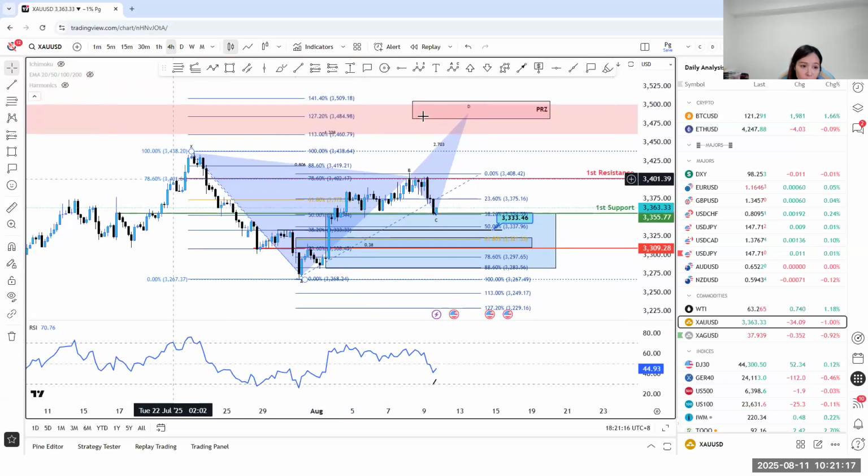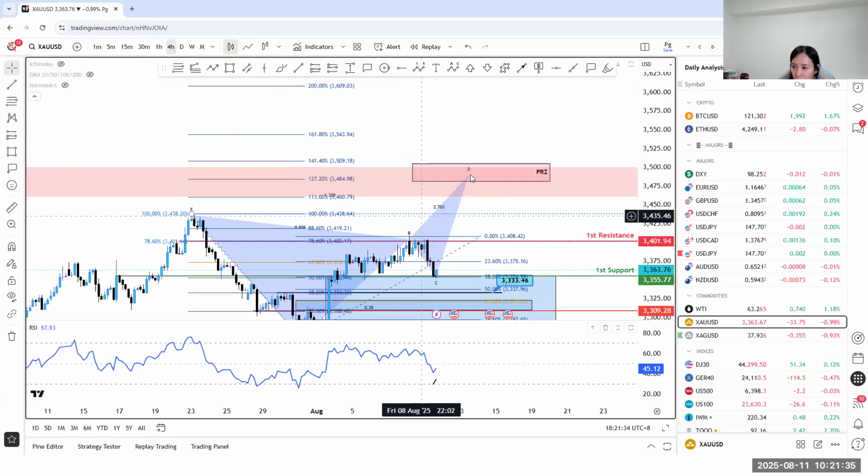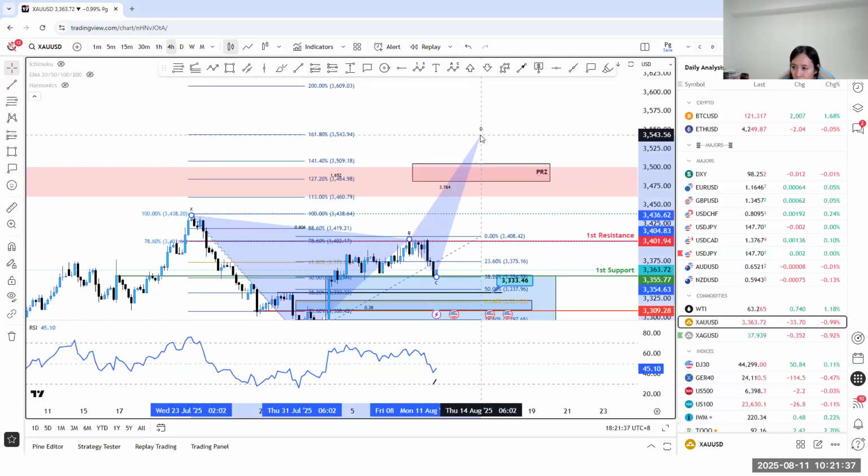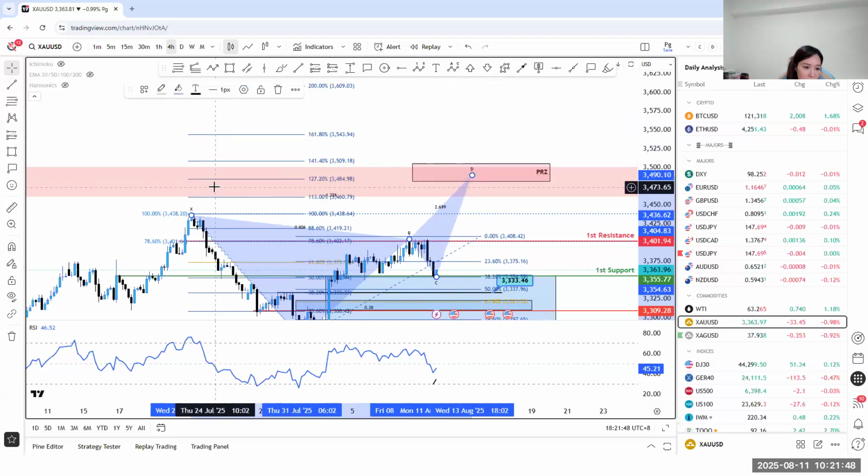We will monitor this, and I will see whether next week price will really go all the way to 3,005 again, or somewhere around 3484 if they want to do the extension of XA, or they might want to make an all-time high somewhere around here. If they want to do an extension for XA, that's going to be the extension, or they will just go up to somewhere around these zones.